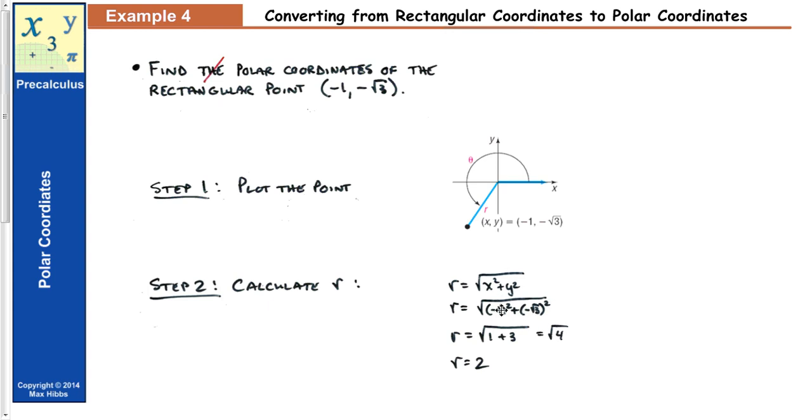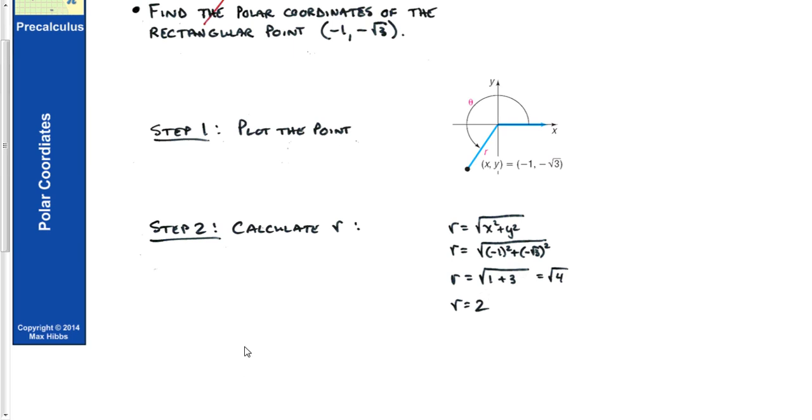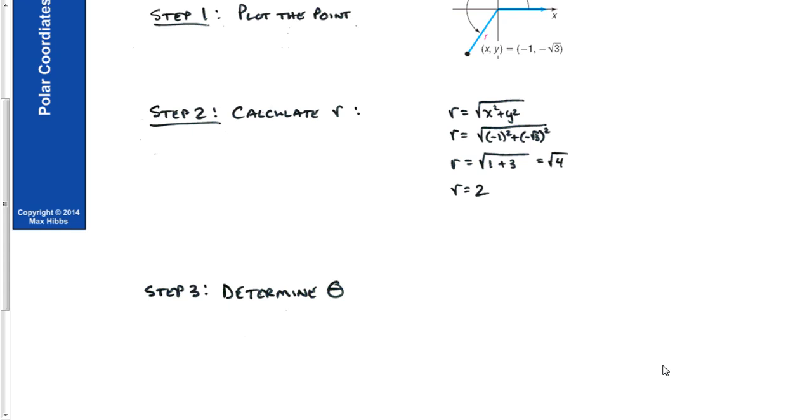When we square -1, we get +1. When we square -√3, we get positive, and squaring √3 just gives 3. So we have the square root of 1 plus 3, or the square root of 4, which is just 2. Calculating r is always easy. It's determining theta that we have trouble with.